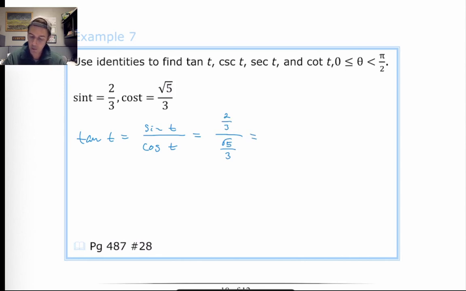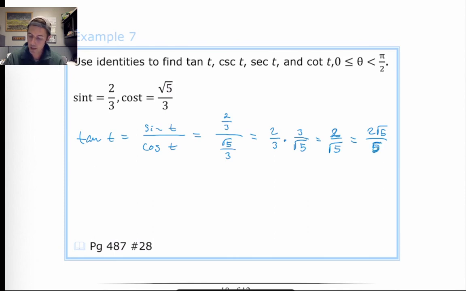If we use keep change flip, we can write this as 2/3 times 3 over the square root of 5. The 3's cancel, leaving us with 2 over the square root of 5. And if we multiply by root 5 over root 5, we get 2 times the square root of 5 divided by 5.